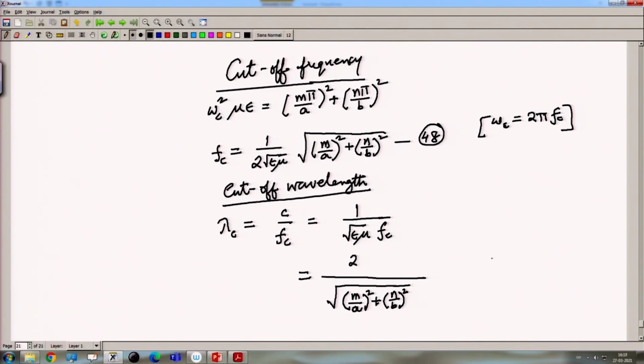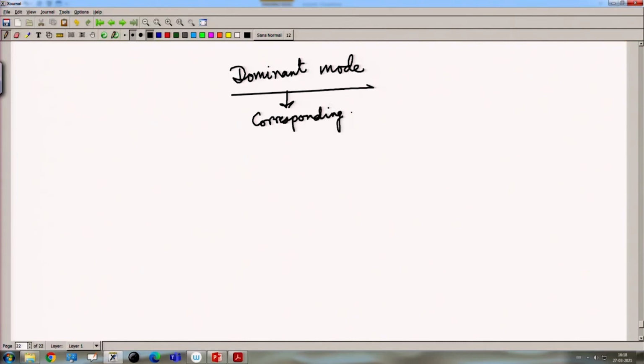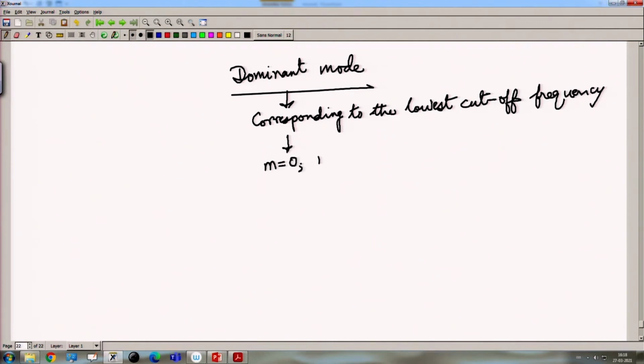The dominant mode, which is the mode corresponding to the lowest cutoff frequency, is given by m equal to 0, n equal to 1.